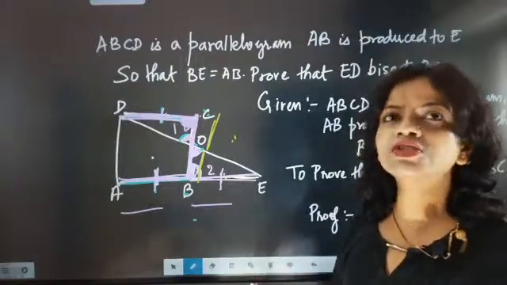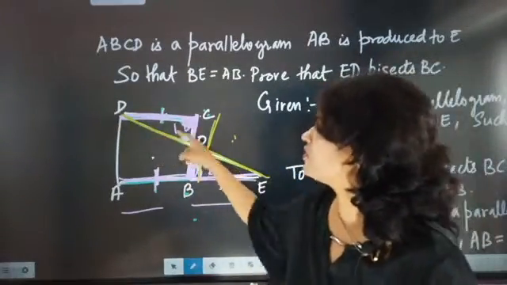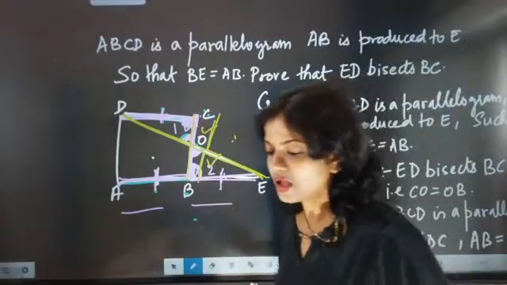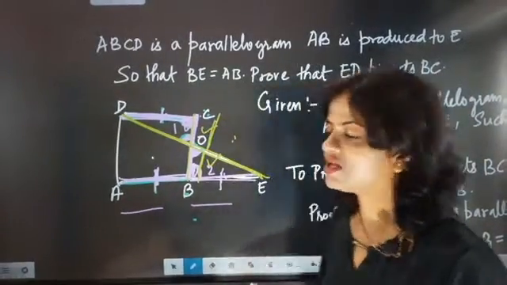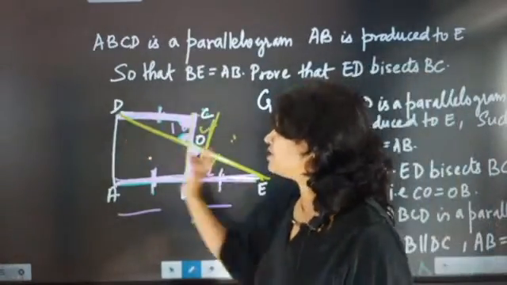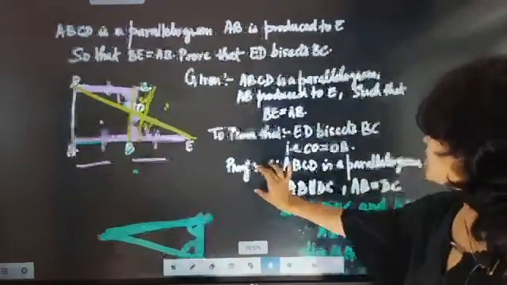And we had to prove this only, that this line bisects this side into 2 equal halves. By that proof, this side is equal to this side. That means ED bisects BC. I hope Kanishka you might have understood.